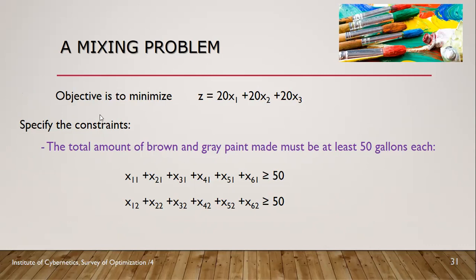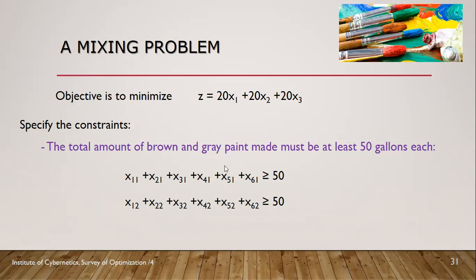Now we need to specify the constraints. The total amount of brown and gray paint made must be at least 50 gallons each. So if we mix all our primary and secondary paints together, we need to obtain at least 50 gallons.